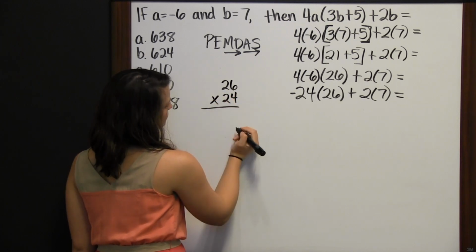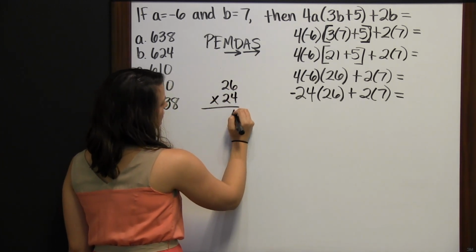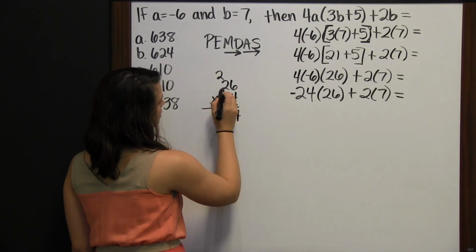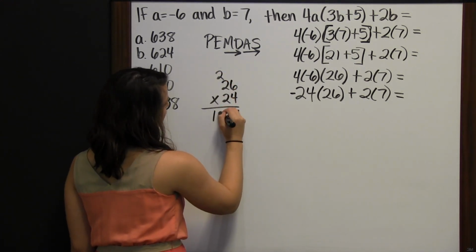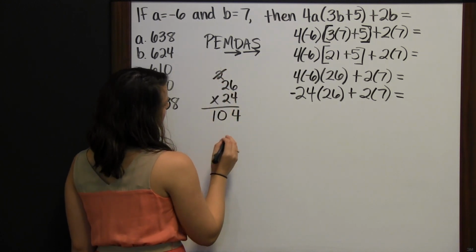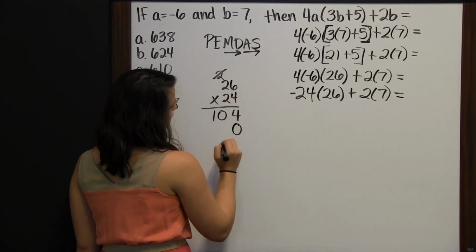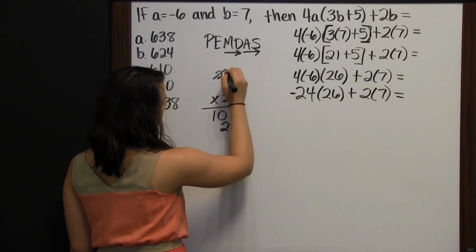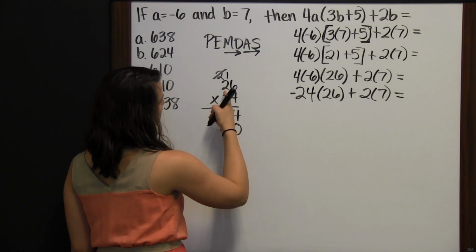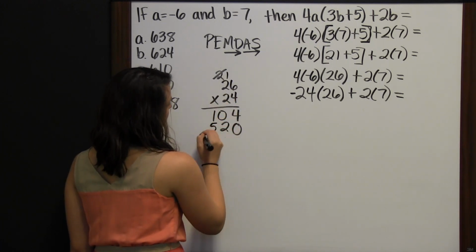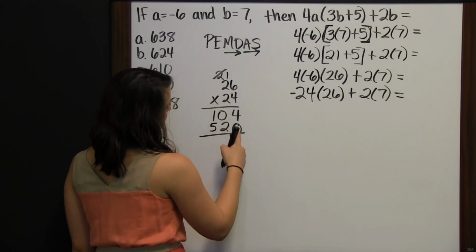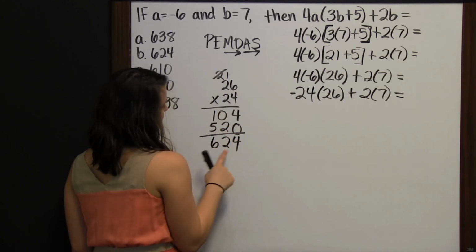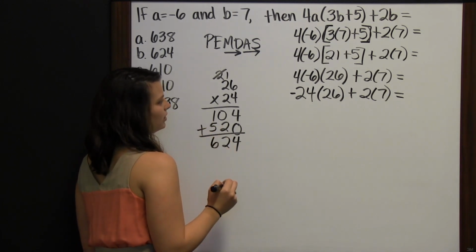26 times 24. 4 times 6 is 24, so you write the 4 and carry the 2. 4 times 2 is 8, plus 2 is 10. And then we use a 0 placeholder so we can move on to the 2. 2 times 6 is 12, write the 2, carry the 1. 2 times 2 is 4, plus 1 is 5. 4 plus 0 is 4, 0 plus 2 is 2, 1 plus 5 is 6. 624, and that's after we added.